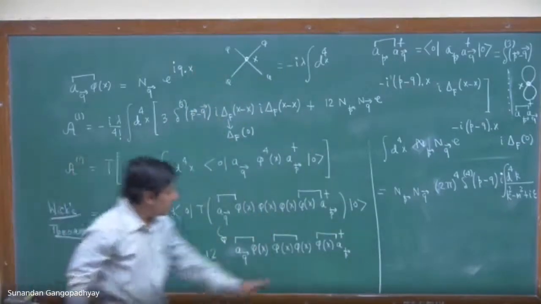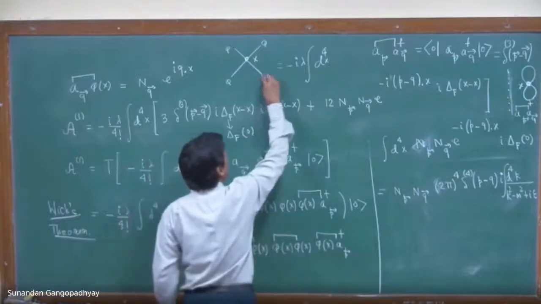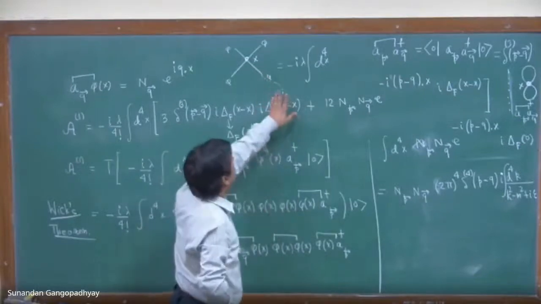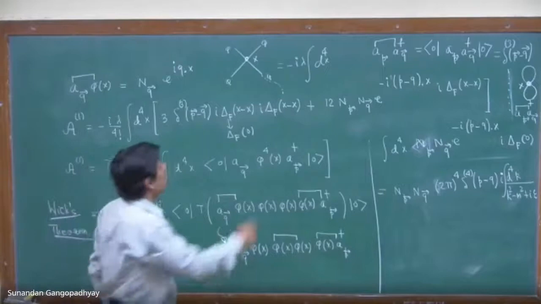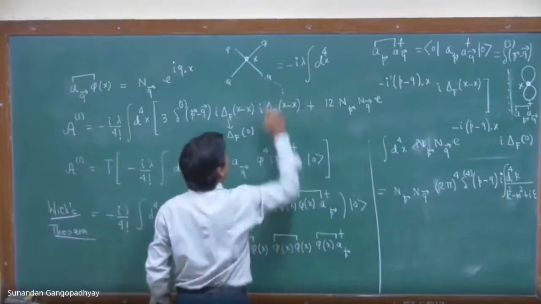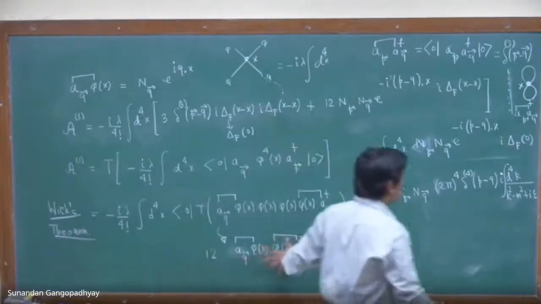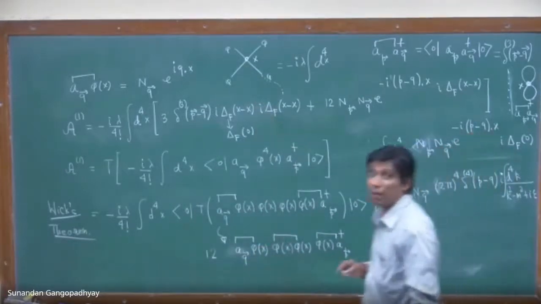And phi contracting with a dagger is something like this. A dagger is basically responsible for creating a particle. Therefore, you just extend this leg. So once you have this contraction, this term is actually responsible for giving you this e to the power of minus i p dot x term, right?